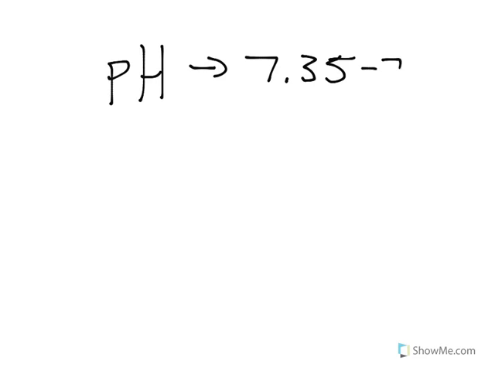So let's get ourselves started, and just to set the pace and tone, we're talking about the pH scale. Remember, for the human body system, the pH for our blood ranges between 7.35 and about 7.45, on average 7.4.